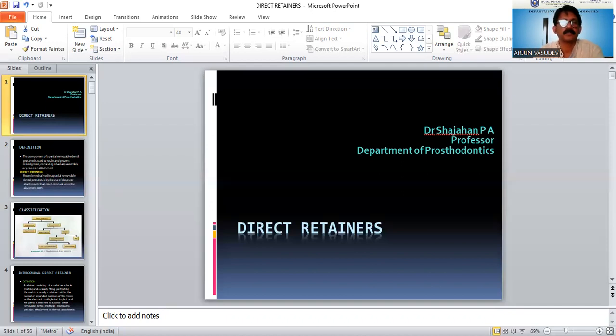This has some advantages. It eliminates all the visible retentive components. In extracoronal retainers, you can see a lot of components visible outside, exhibited outside, so it is unesthetic. Here it is not visible, so it is more aesthetic compared to the extracoronal.